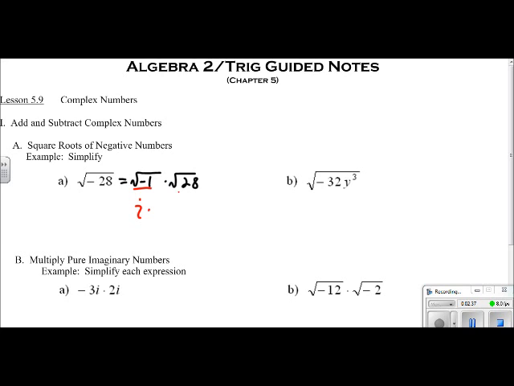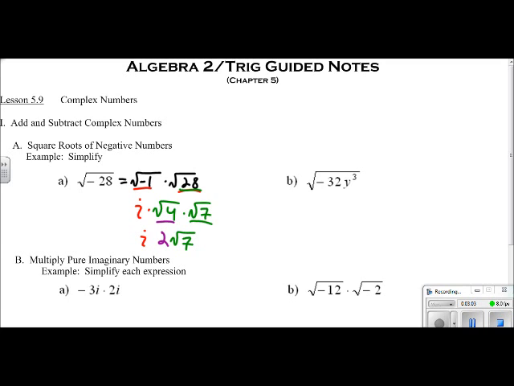We can break the square root of 28 as the square root of 4 times the square root of 7, because 4 times 7 is 28. The square root of 4 is actually 2. We keep our i, and the square root of 7 cannot be reduced anymore, so we leave it like this.